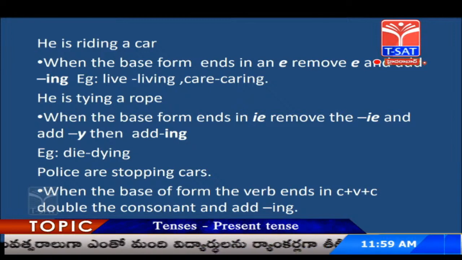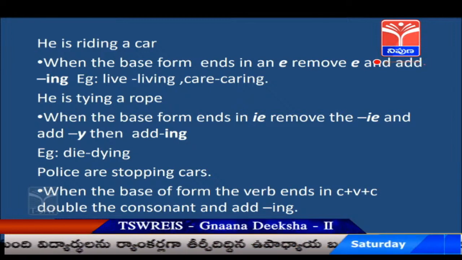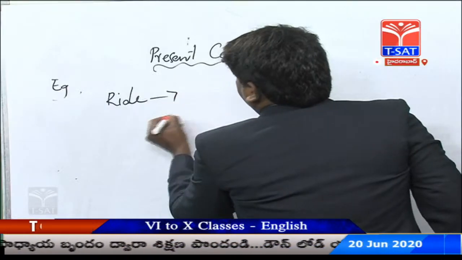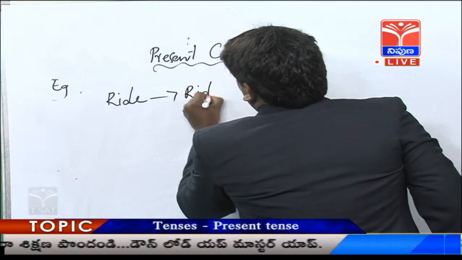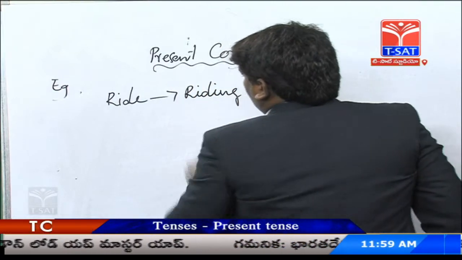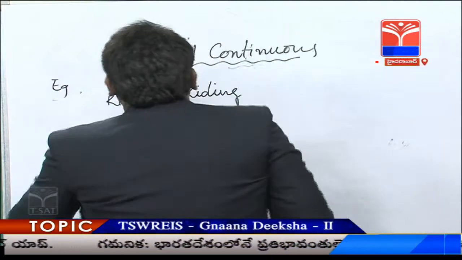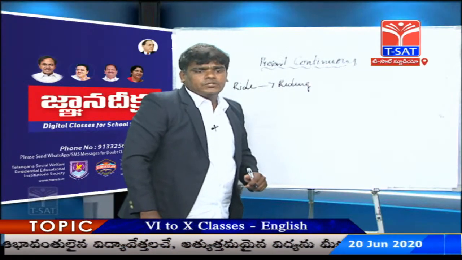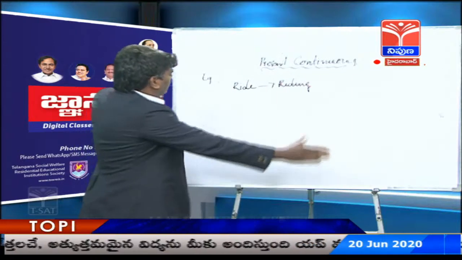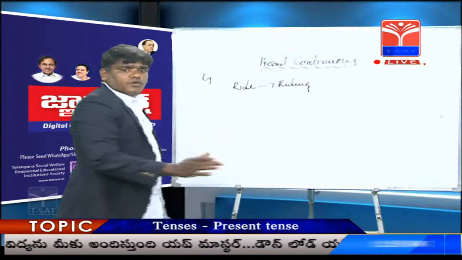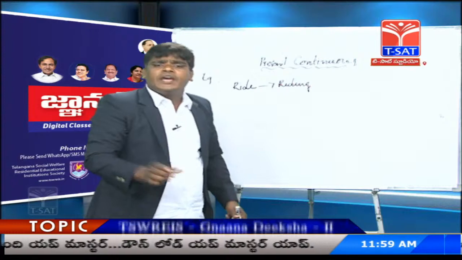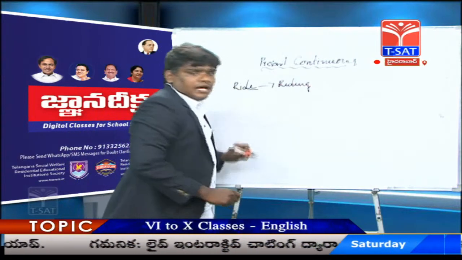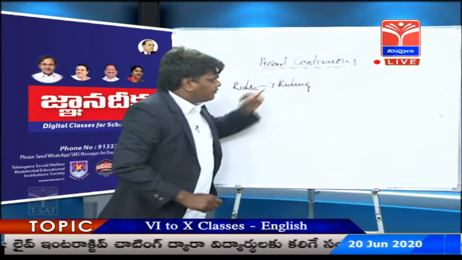For example, ride, the base form of the verb is ride. If you want to add ing form here, it will be riding. You have to drop the e and add ing. So when the base form of the verb ends in e, remove e, then add ing.